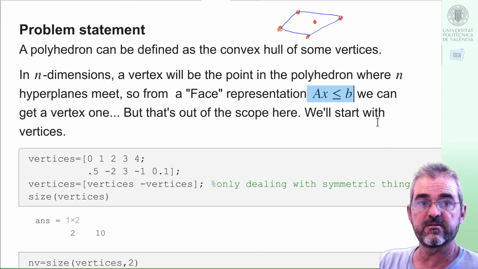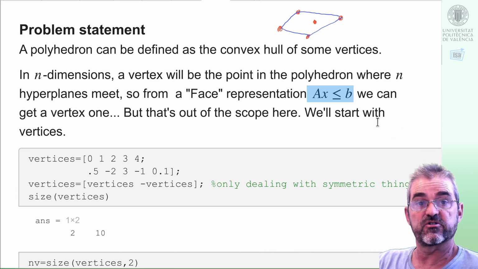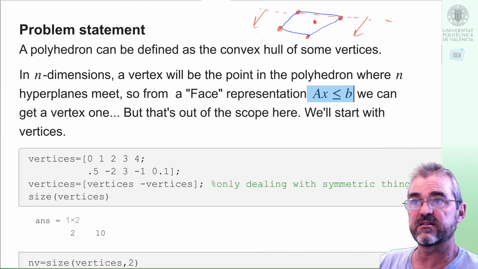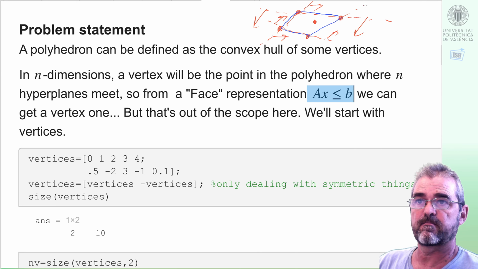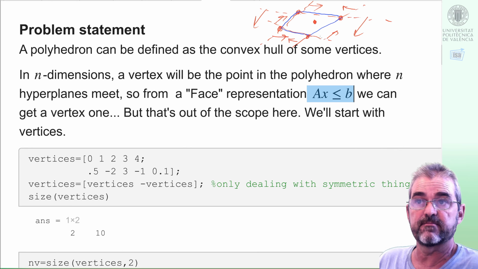Also, a polyhedron may have a so-called face representation as an intersection of half planes. Say, I will have the intersection of this half plane, this half plane, this, so this 4-side polygon in 2D can be described as the intersection of 4 half planes, and that would be the face representation.